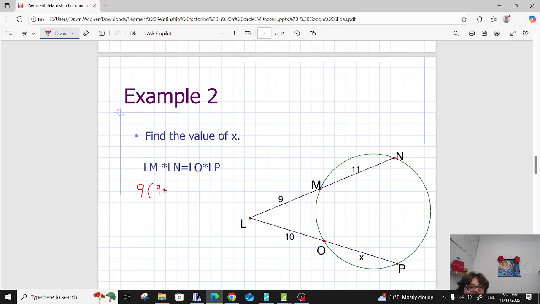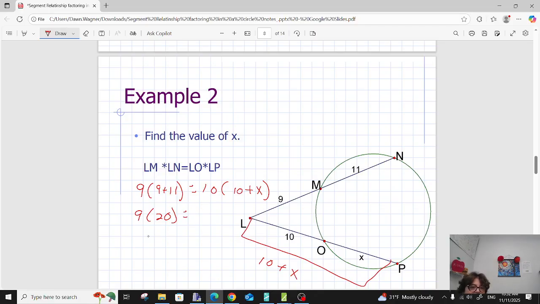It's 9 plus 11, right? So that'd be 9 times 20. LO is 10. What's LP? 10 plus X. This whole thing here is 10 plus X.